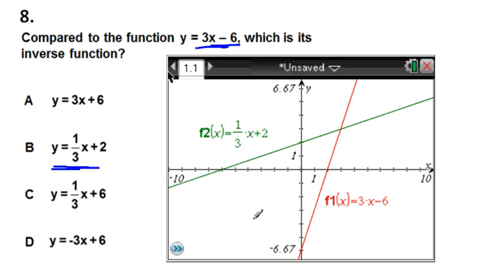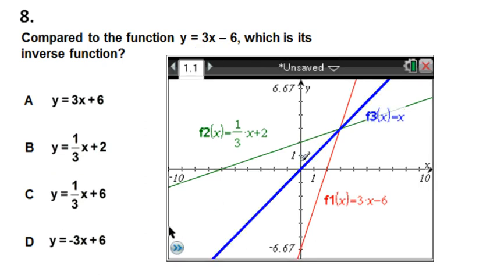You might be able to see that they are mirror images of one another about the line y equals x. But just to be sure that's the case, we go ahead and draw in that blue line and see it there. So that also confirms that our correct answer is B.